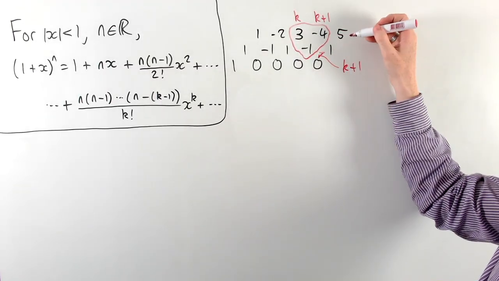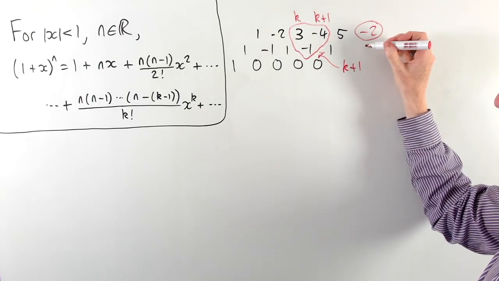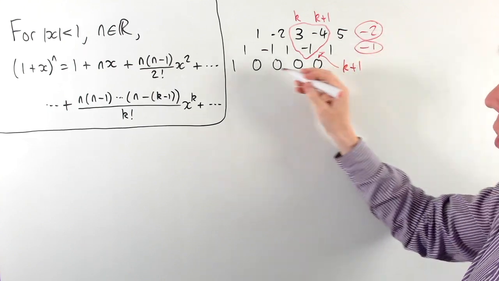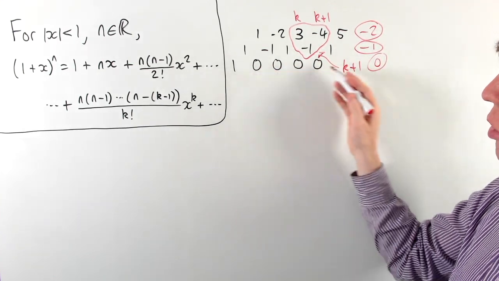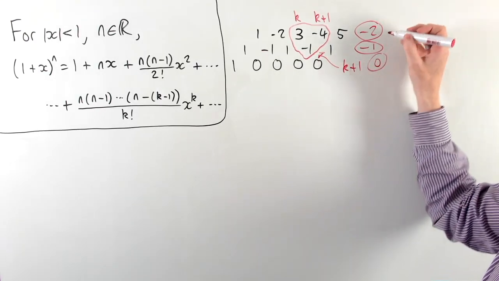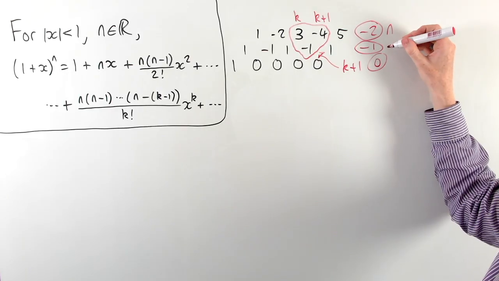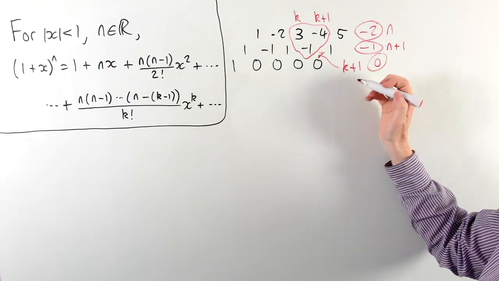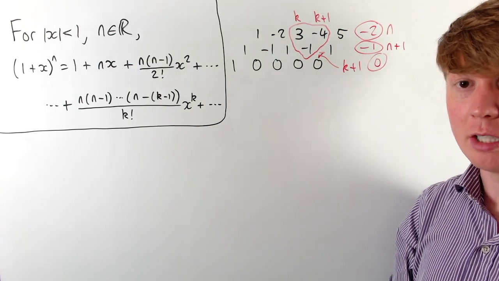And if we're working downwards here, these were the coefficients for n is -2, then we had -1, then this row here was just a power of 0, where we've got 1 followed by lots of zeros. So if we call this row here n, then this row underneath is going to be row n plus 1. So we go from -2 and add 1 to get down to the row underneath.